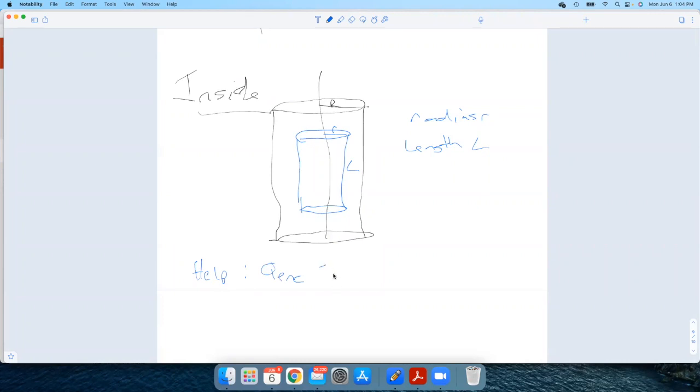Q enclosed will be your density times your volume enclosed. What's the volume of this blue cylinder? That's just the volume of a cylinder, pi little r squared L. There's Q enclosed. Well, we're inside.